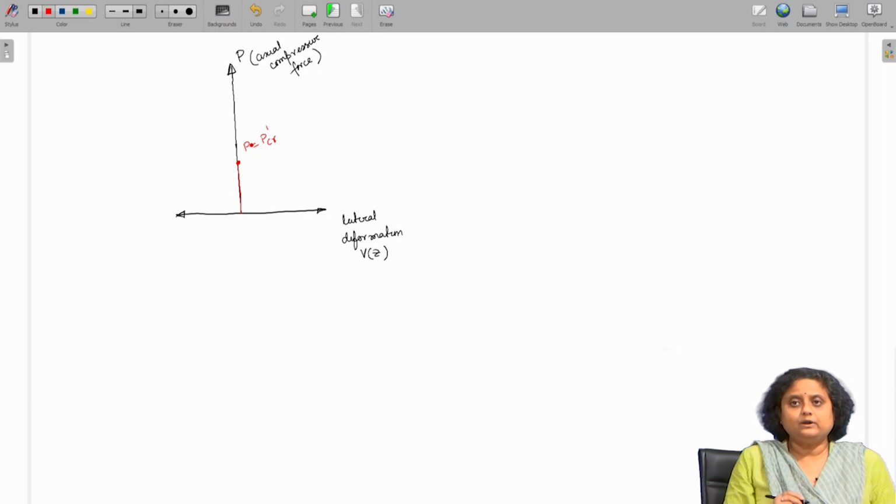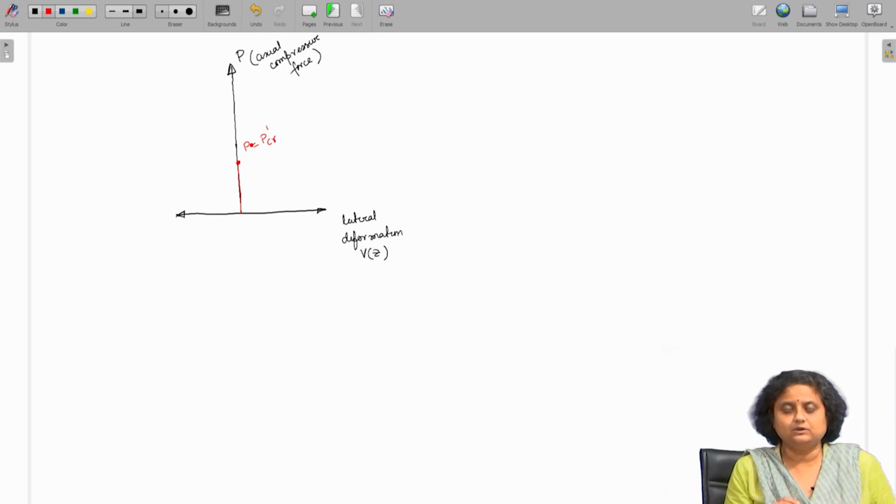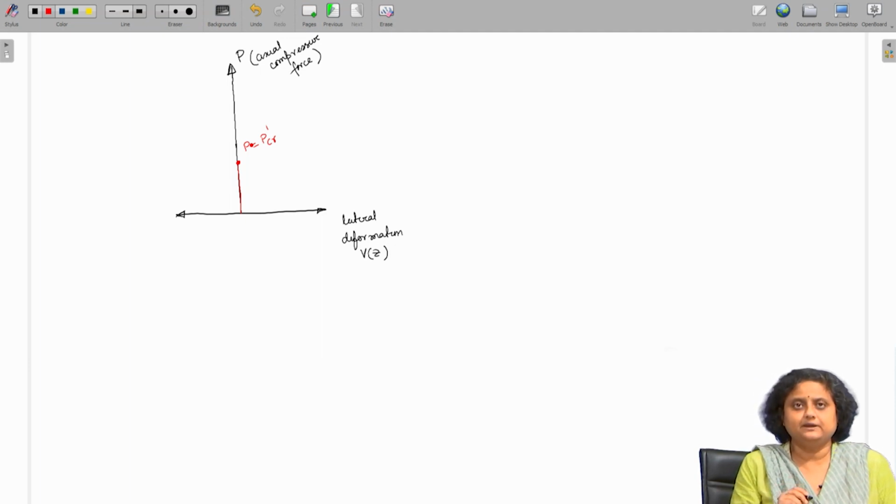If I keep on increasing the axial compressive load, the column is not going to deform. We are considering a perfect column, so the column is not going to deform till P reaches P critical.